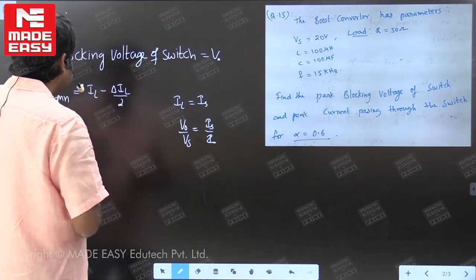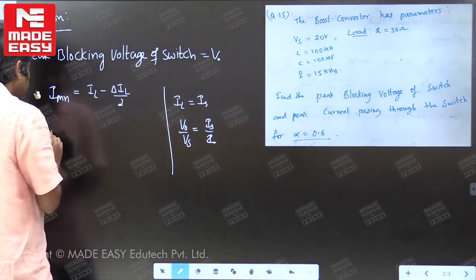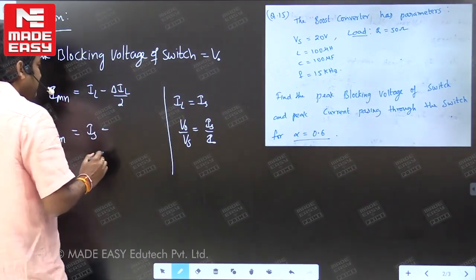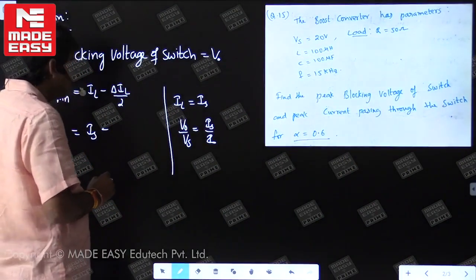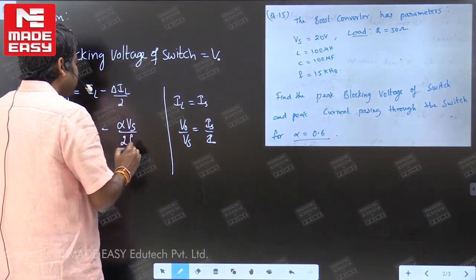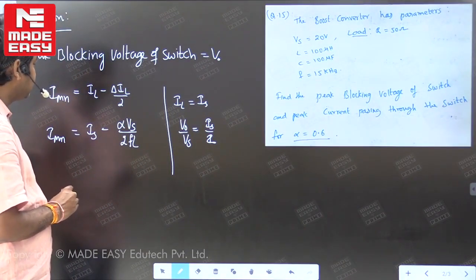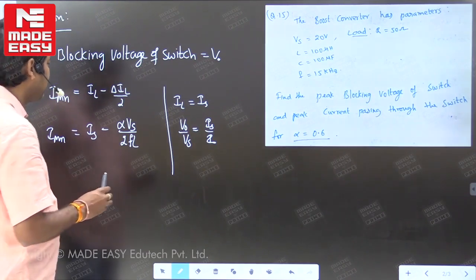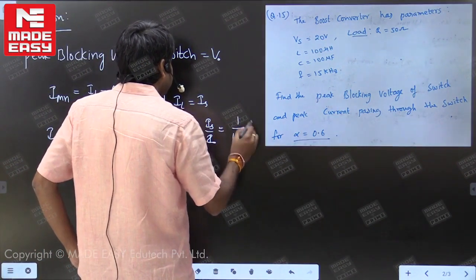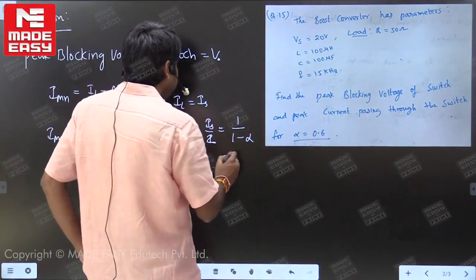So here I minima is Is minus delta IL by 2, where ripple current is alpha Vs by F L, so 2 into F into L. Now, in this case, supply current is 1 by 1 minus alpha times I naught, if it is continuous conduction.